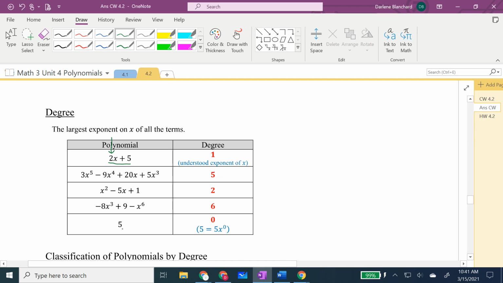So if you have just a constant, that is considered a 0-degree polynomial. That's really important that you understand. A constant alone is a 0-degree polynomial.